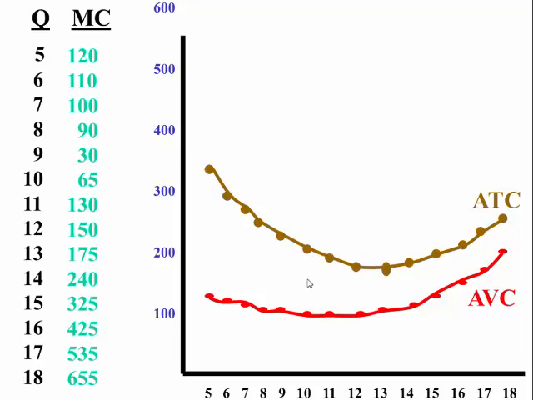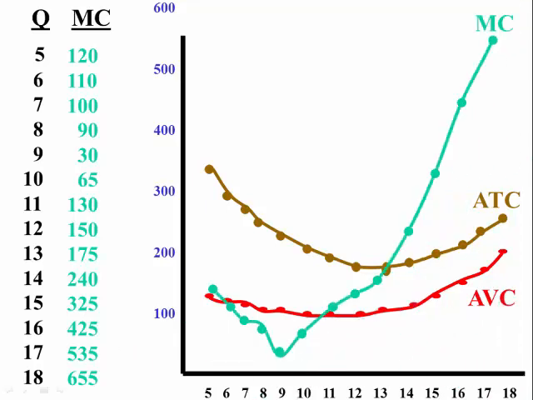Let's go ahead and graph the marginal cost. Notice that marginal cost starts to go downward and then at some point starts to climb. And how it climbs and where it touches AVC and ATC become important in economics. This is the marginal cost curve.